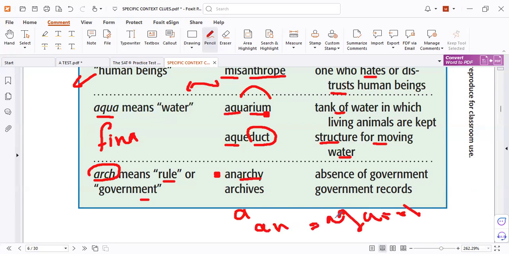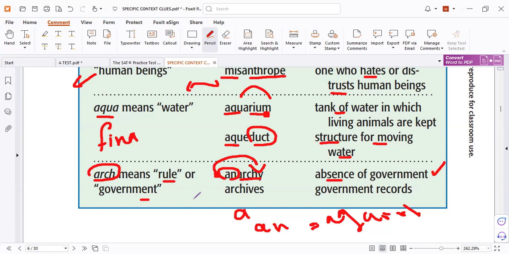Remember, these letters are not articles, they are roots. So anarchy means the opposite. That means you are against the rule. You are against the government. It means absence of government, or riots or violence. There is no power. There are no rules. This means absence of government in this country.